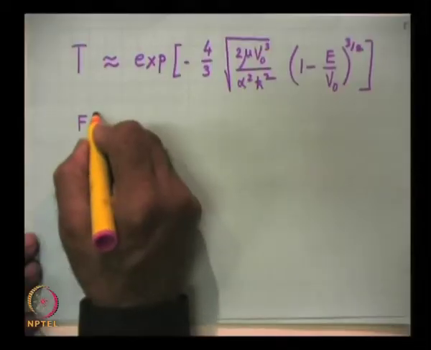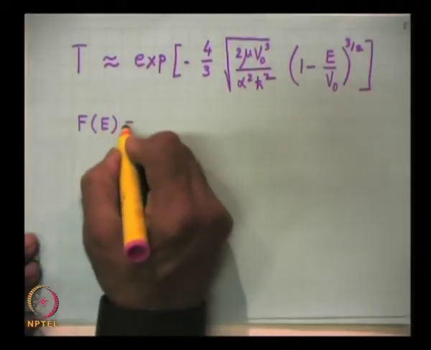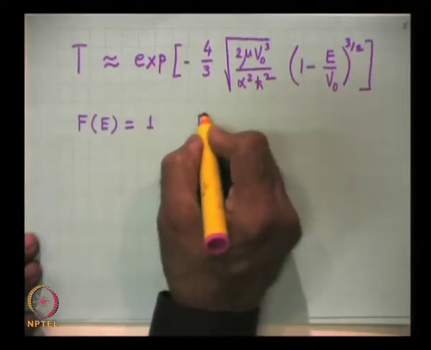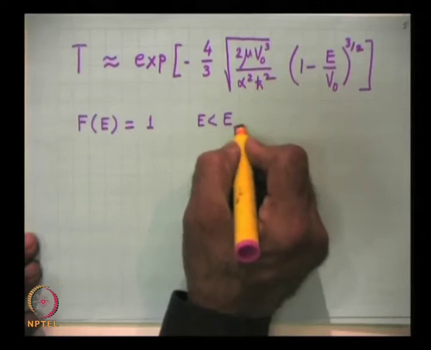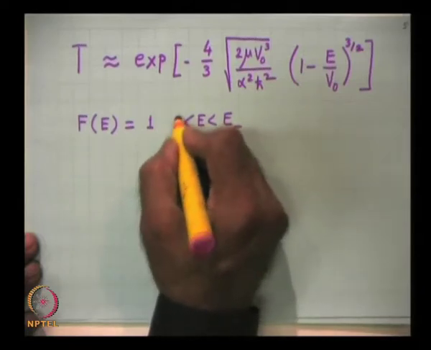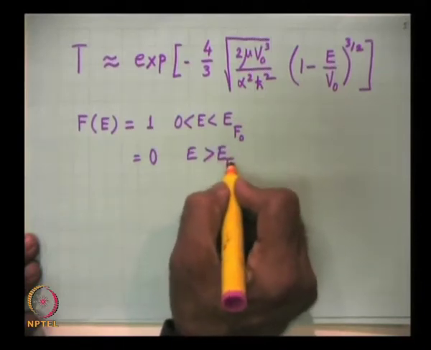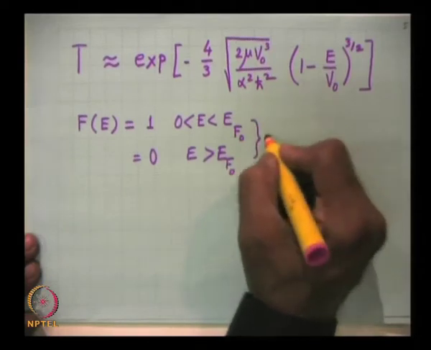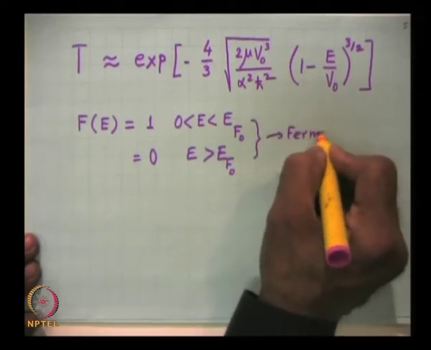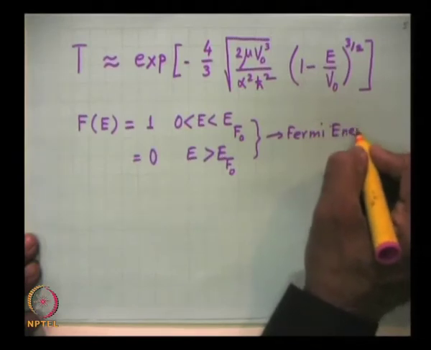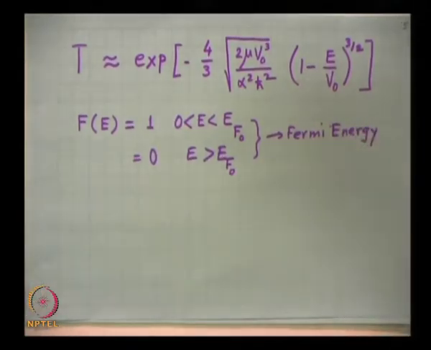Electrons obey Fermi-Dirac statistics, so the probability of occupation of the electron is given by the Fermi-Dirac distribution, which at absolute 0 is 1 for E less than E f 0 and is equal to 0 for E greater than E f 0. This E f 0 is, as you probably know, known as the Fermi energy, and it depends on the temperature also.